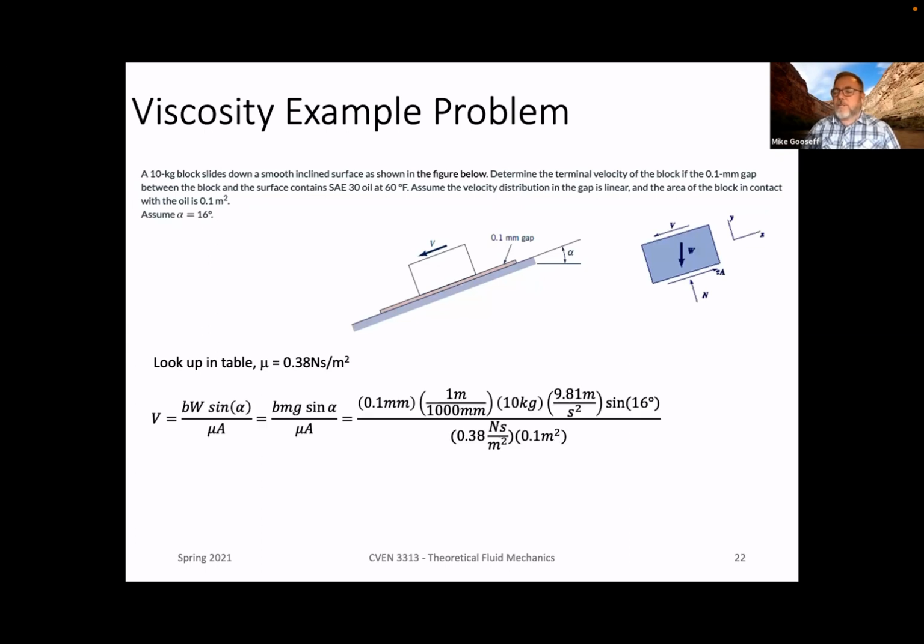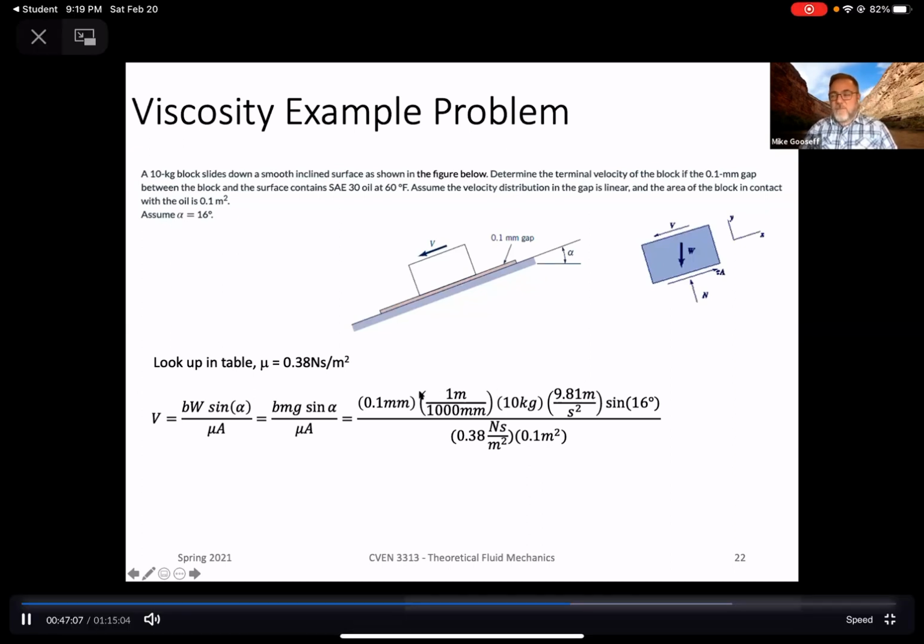All right, so now I'm going to take that equation from the previous slide. So we had made this step on the previous slide. Now let's start populating this. So b, recall, was 0.1 millimeter. I put in a conversion to turn millimeters into meters, and the reason I did that is that I knew I was going to have meters over here for our gravitational acceleration.